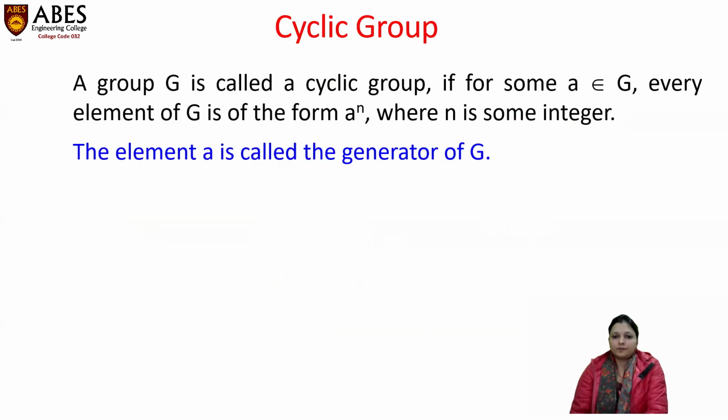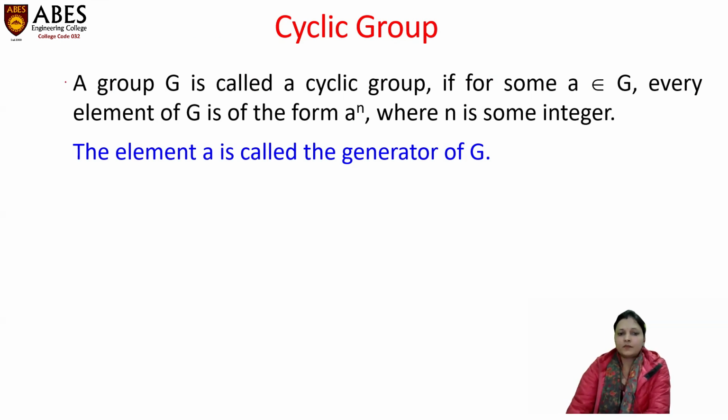Next is the cyclic group. So what is a cyclic group? A group G is called a cyclic group if for some a belonging to G, every element of G is of the form a to the power n, where n is some integer.